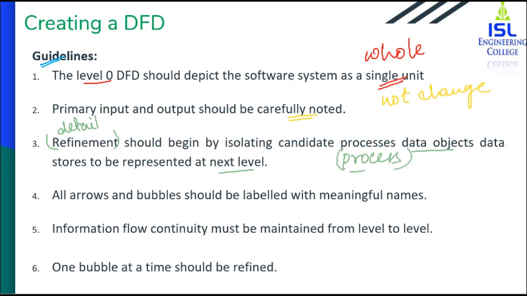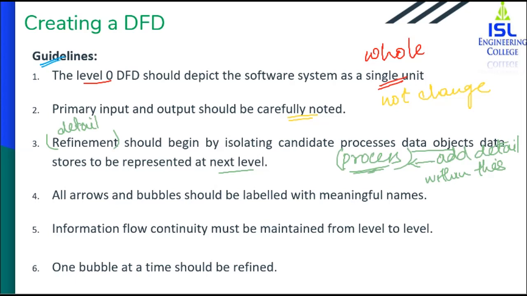You're just going to make changes within this, adding detail within this specific process only. If you're making changes within another process, then you're going to isolate that specific process and make changes there only.